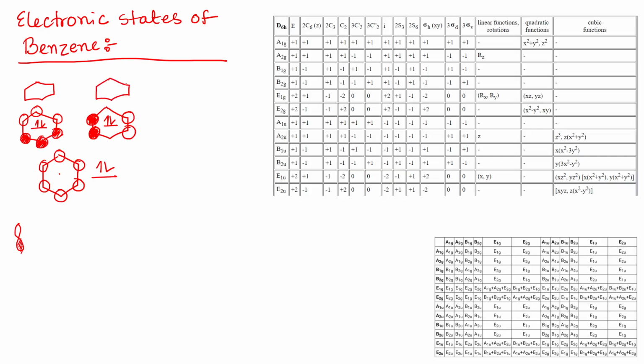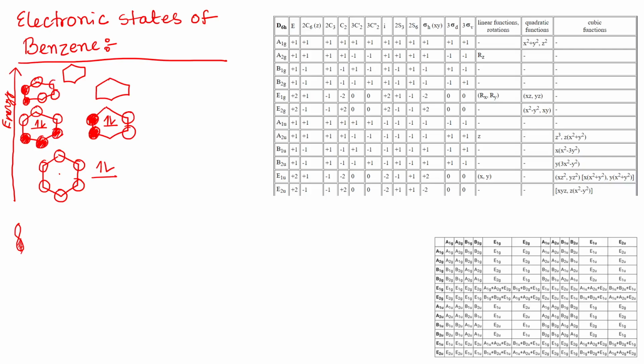Because of space constraints, I am drawing it like this. Whenever you draw a molecular orbital diagram, you should always mention this is your energy scale. Don't worry, I am drawing this by looking at some notes, so you don't have to mark this.